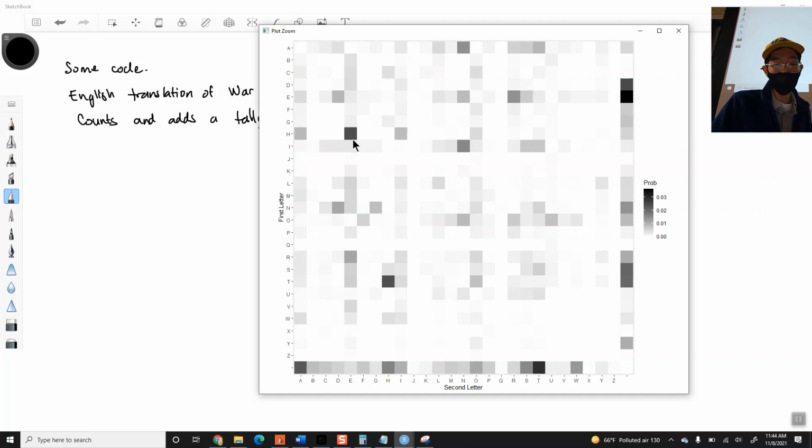H followed by E, very high probability, right? If you look at T followed by G, low probability, okay? Whereas N followed by G is a very high probability versus N followed by H, very low probability, okay? These differences are powering your on-screen keyboard so that when you type things and you're not hitting exactly at the center of your key, it's still going to register probably the correct key most of the time. Okay.